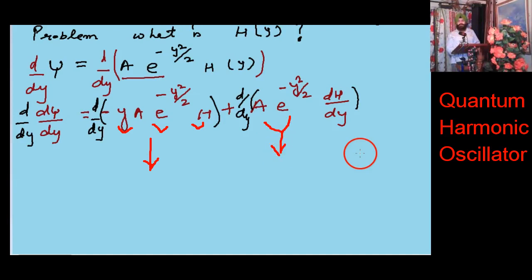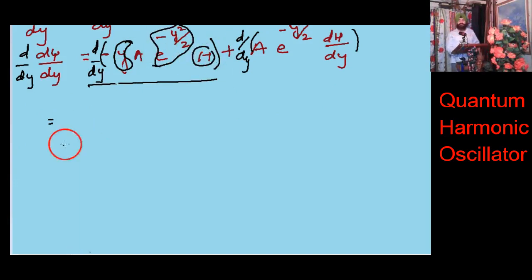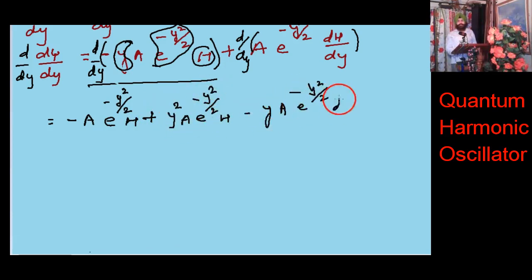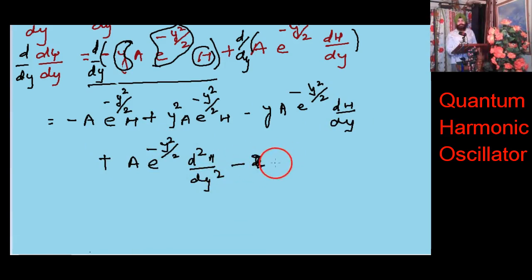The total becomes 5 terms. Very simple differentiation with the product rule. You do it yourself without copying it from the video.